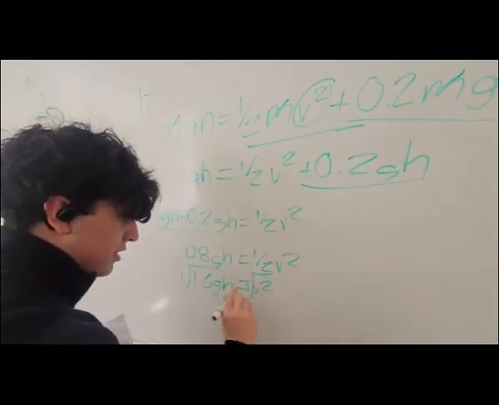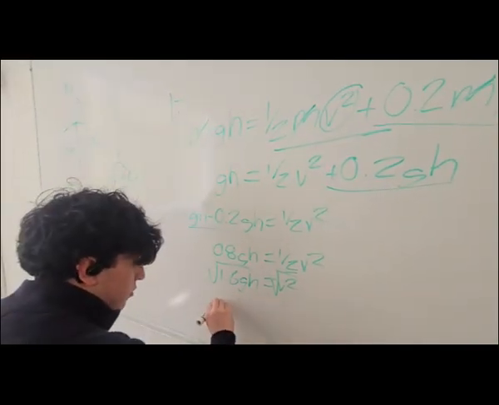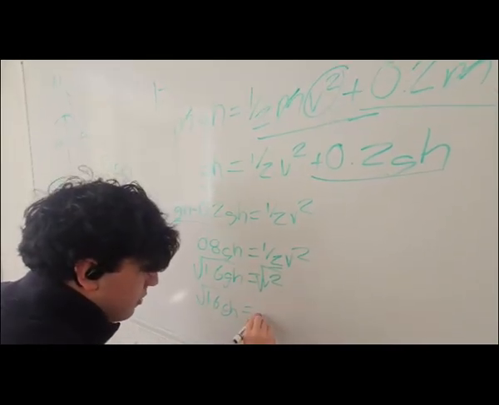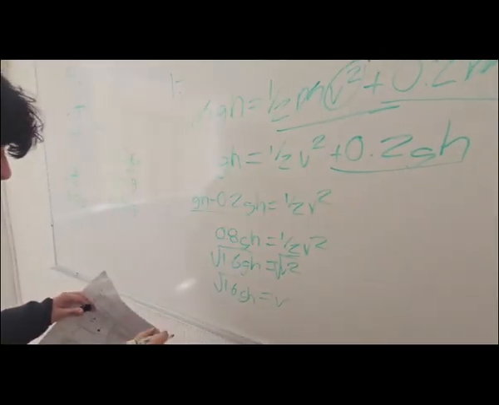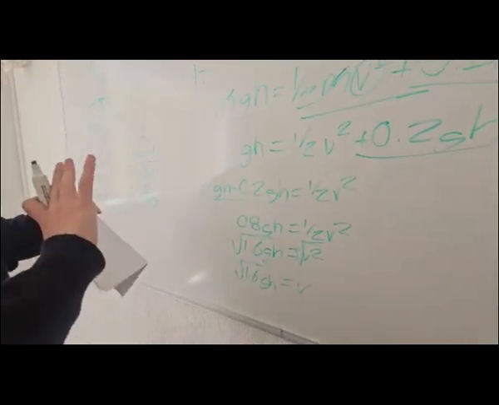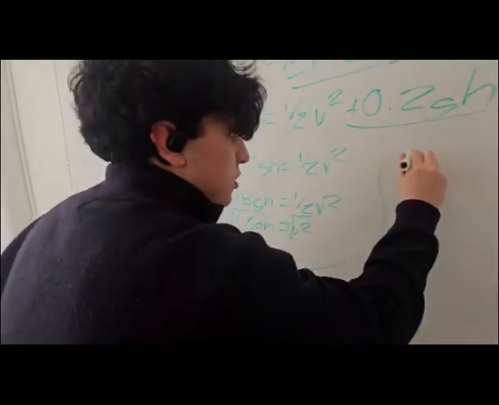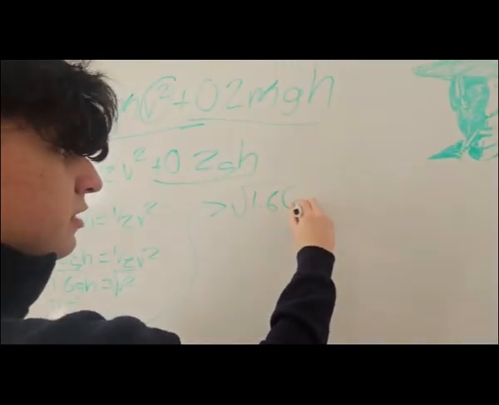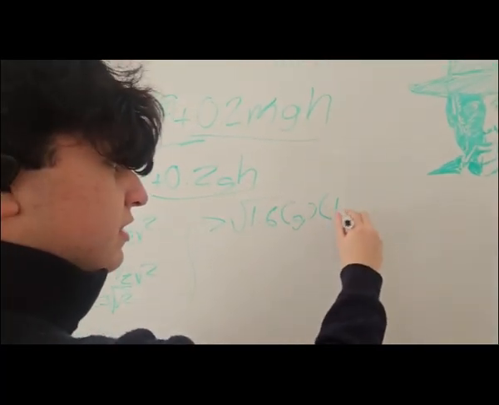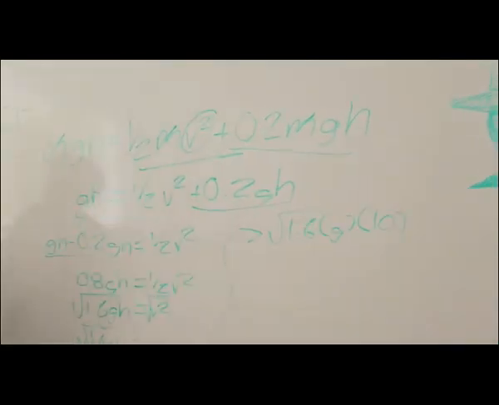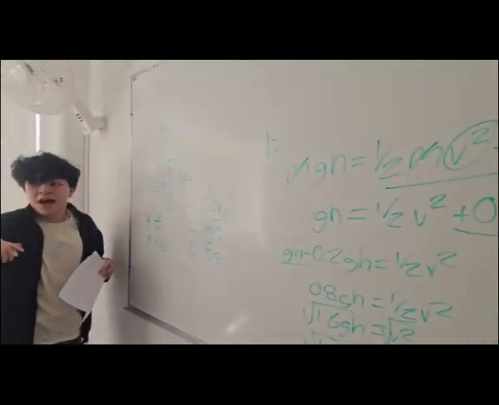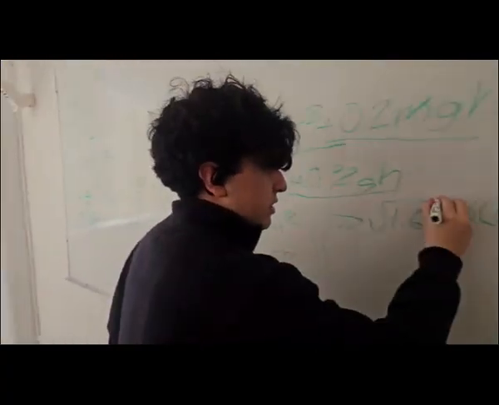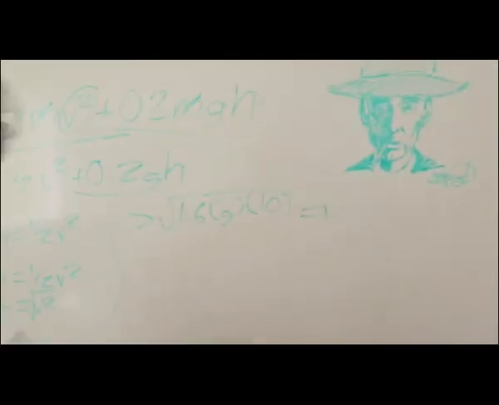Root in both ways, and we have root of 1.6 gh is equal to v. So this can be expanded, and this is going to be equal to 1.6 times g times 10, because it's the height of the initial volume. Perfect? Perfect. So this is equal to v.